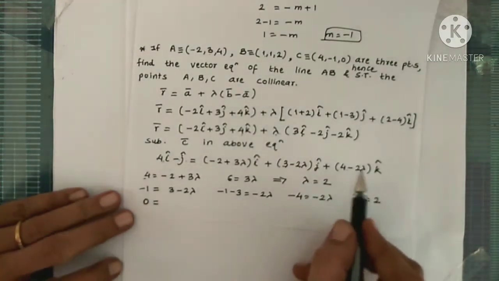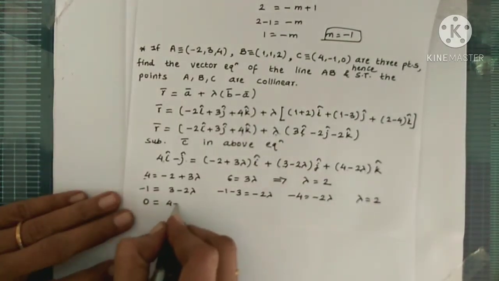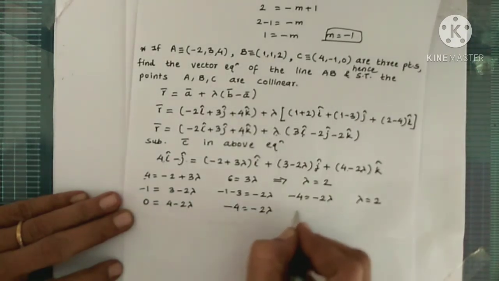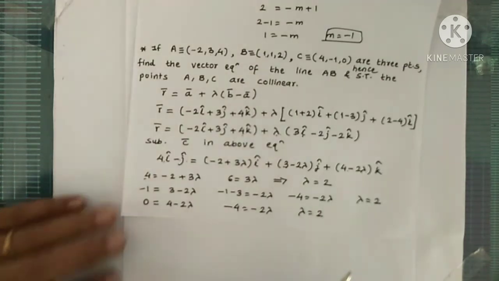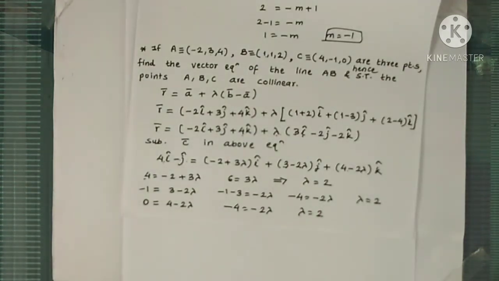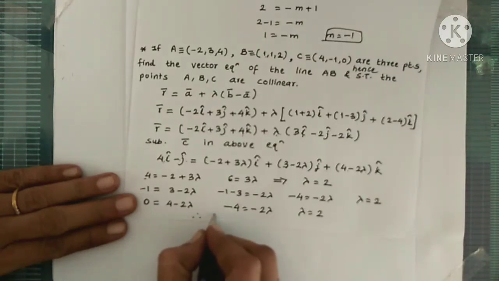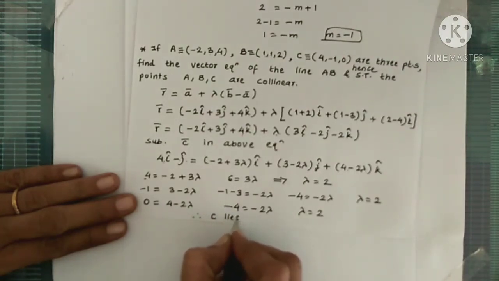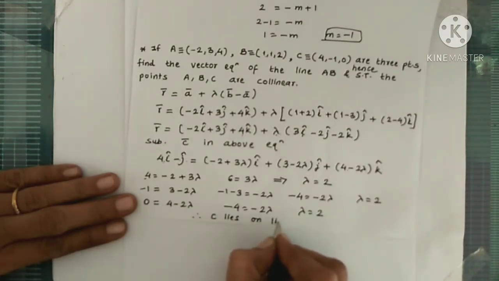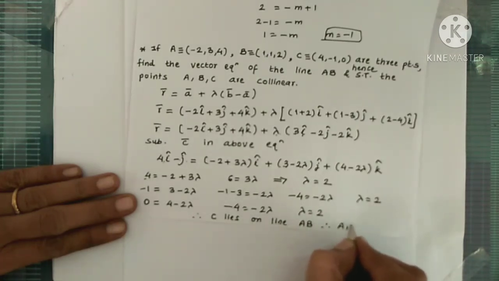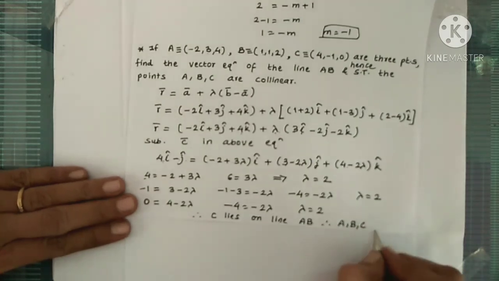Sorry, here it is 4 minus 2 lambda. So minus 4 equals minus 2 lambda, so again lambda equals 2. In all three equations we have the same value of lambda, that is 2. Therefore the points A, B, C are collinear as C lies on line AB.